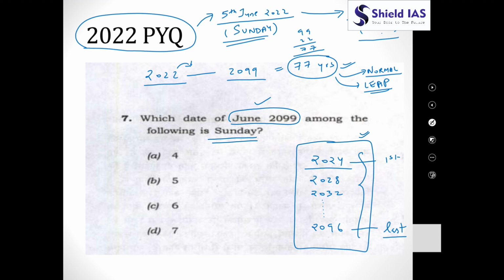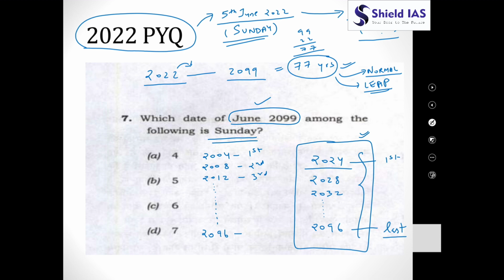So just see this pattern. 2004, let's say we consider it as the first year, 2008 we consider it as the second year, 2012 the third year, and so on up to 2096. What will be this number?